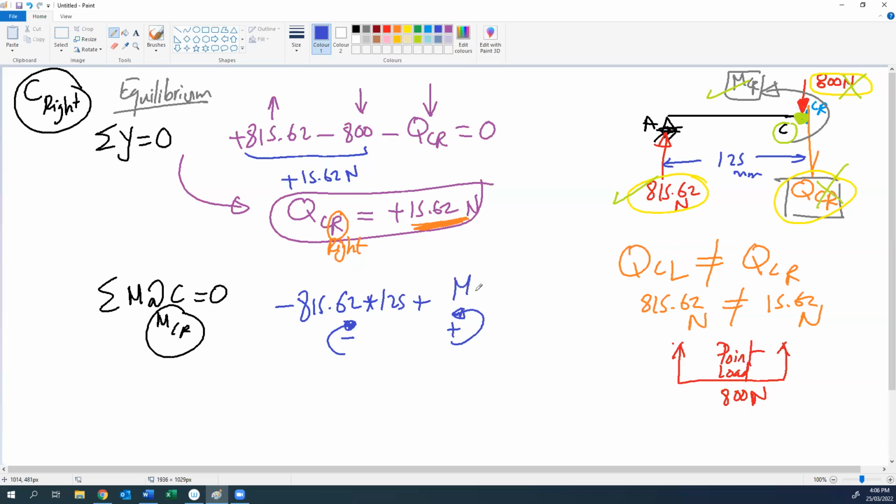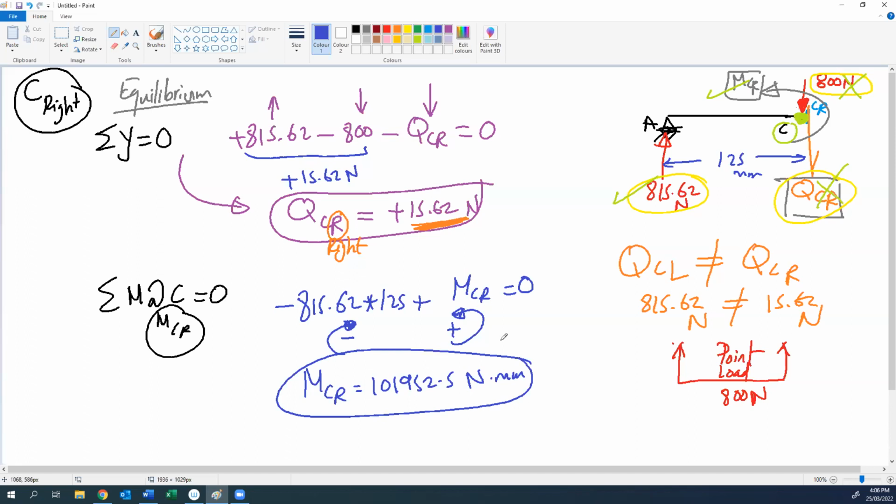So MC right equals 0. From this equation, MC right will be 101,952.5 Newton millimeter. And if you want to make this number a little bit smaller, MCR will be 101.925 Newton meter.